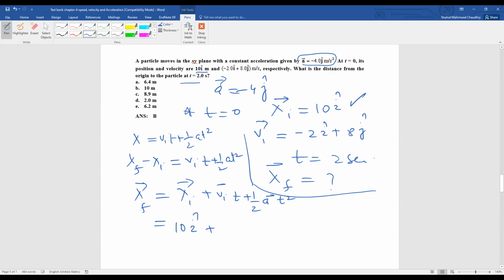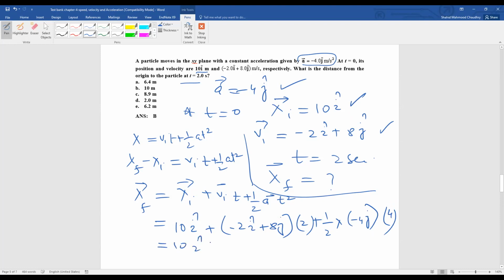Vi is this: minus 2i plus 8j, into t, which is 2, plus 1 over 2 into a. A is given, minus 4j, and t square is 4. So you can solve this one.